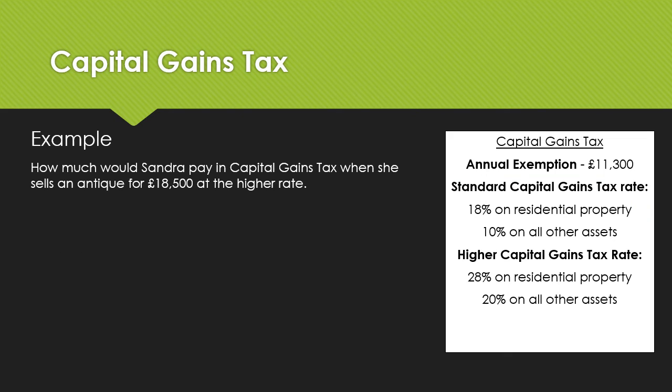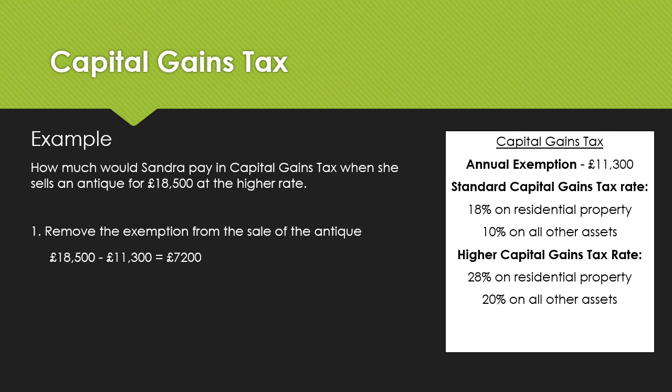Okay, and another example. How much would Sandra pay in capital gains tax when she sells an antique for £18,500 at the higher rate? She's a higher rate taxpayer, so it's going to be a different rate. First thing we need to do, she still gets the exemption at the higher rate. So we have £18,500 and we subtract our exemption of £11,300, which leaves us with £7,200 that Sandra's due tax on.